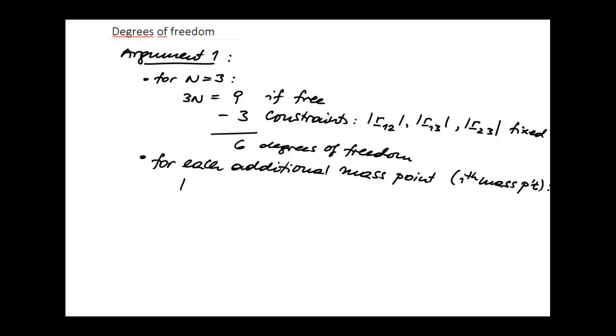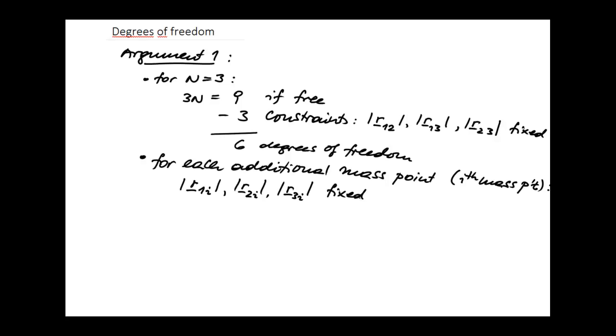Then all the mutual distances are fixed as constraints. In particular, the distances of this ith mass point to the first mass point, its distance to the second mass point, and its distance to the third mass point are all fixed. And these are already 3 constraints.